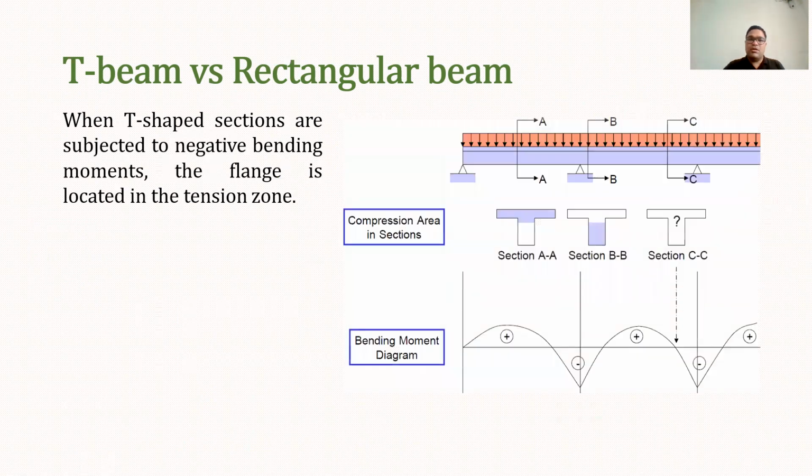So if we consider this beam, here you can see this is the case of a beam which is supported at this point, at this point, and at this point, and it is subjected to a uniform UDL. Now because of this UDL, how will this beam bend or deflect? This beam will deflect something like this.